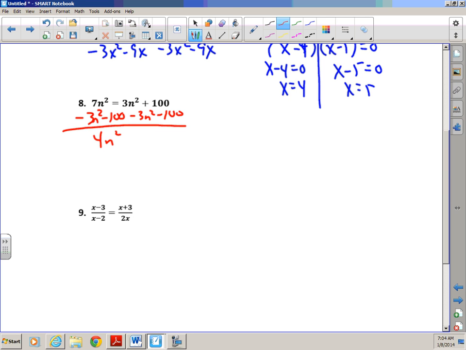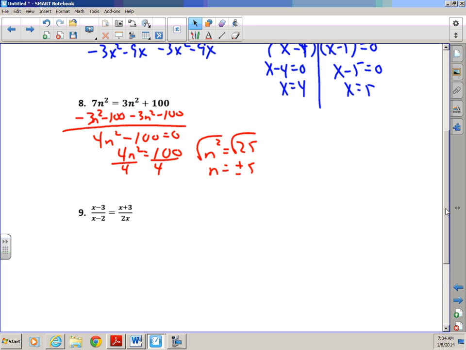So I get 4n squared minus 100 equals 0. I can actually then say 4n squared equals 100. Divide by 4. N squared equals 25. And the square root of that, n is plus or minus 5. Or you could have done dots.